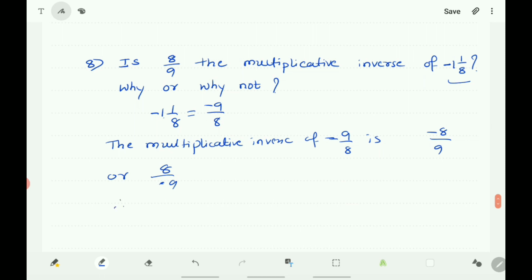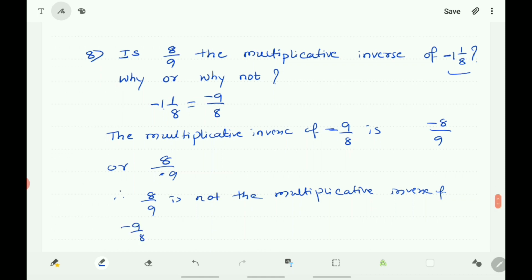Therefore, you can write 8 by 9 is not the multiplicative inverse of minus 9 by 8, that is minus 1 1 by 8.